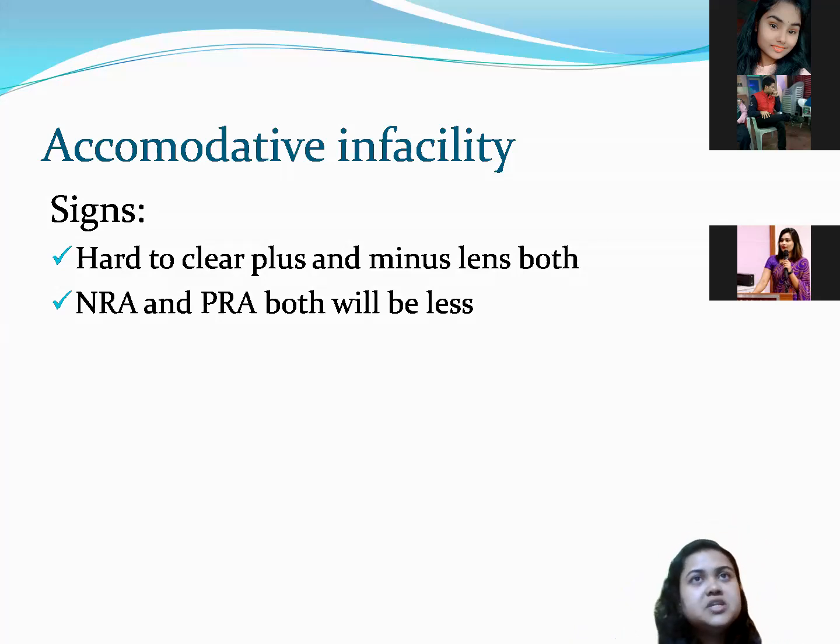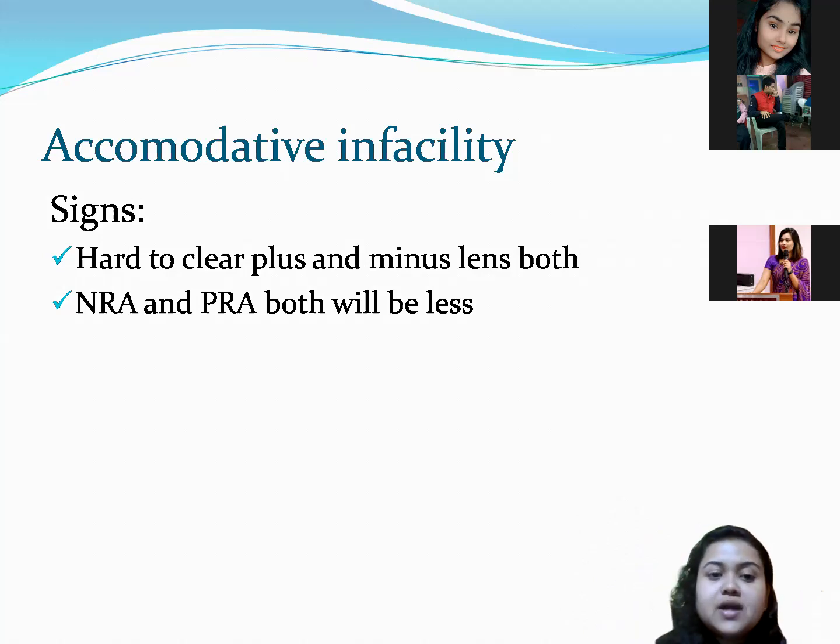That means the patient might have good accommodation. He might sustain his accommodation for a longer time also, but he is finding it hard to clear the plus and minus lenses. Means the accommodative facility is lacking. My accommodation should be dynamic, right? When I'm looking at distance, I should be able to see it clear.